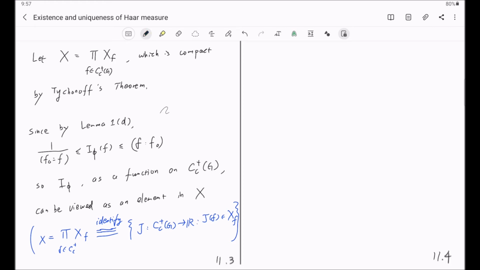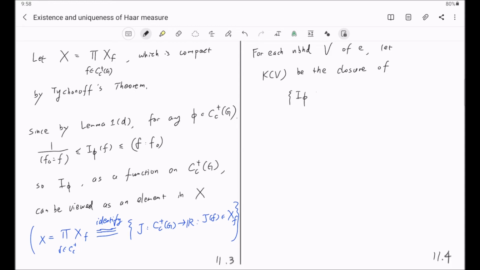And I should emphasize this is true for any f in CC plus of G. And now, for each neighborhood V of e, the identity element of G, let K of V be the closure of the following set: I sub phi, where the support of phi is contained in V. Be the closure of this set in this infinite product space X.